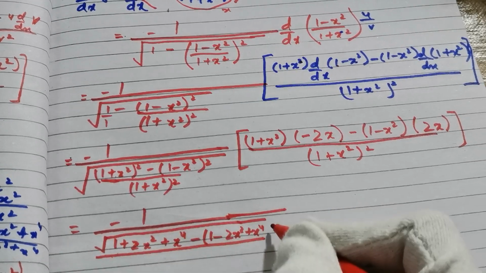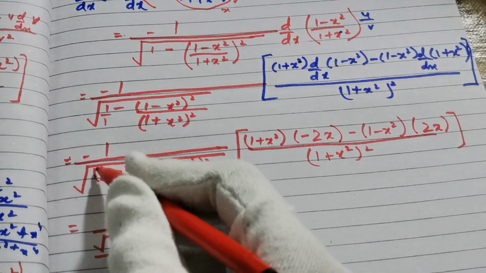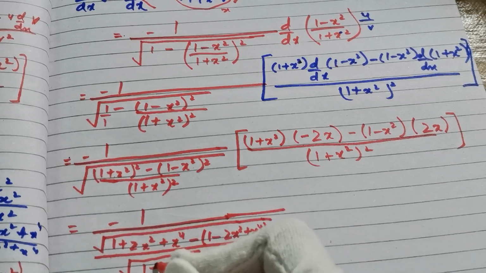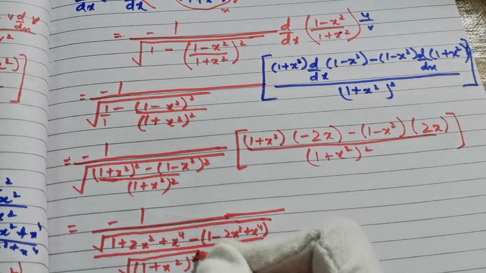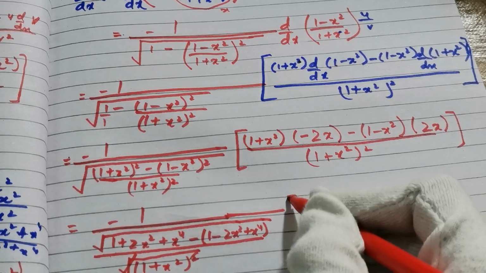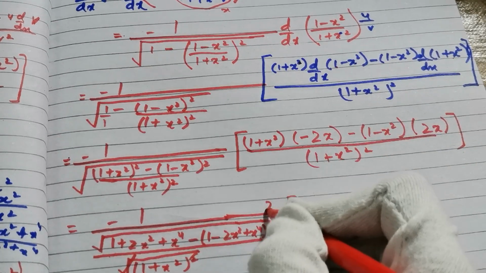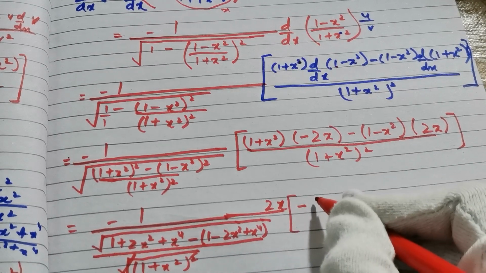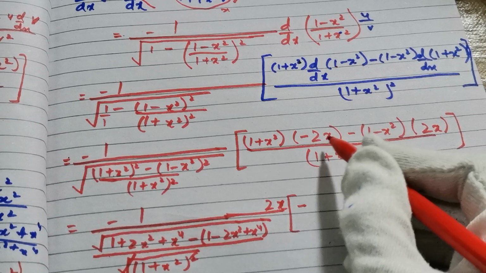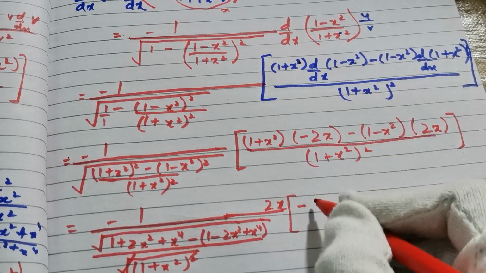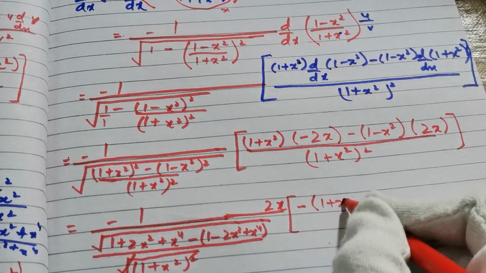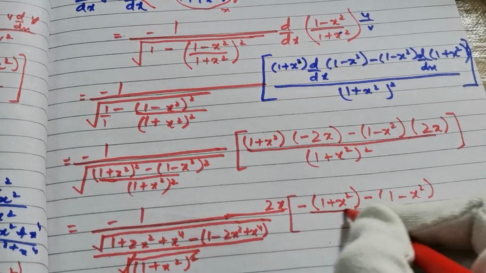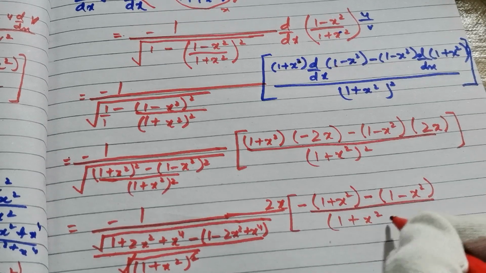We also split the under root individually in the numerator and the denominator. With 1 plus x square whole square, the whole square and the 1 by 2 cancel, and 2x is common. What is left is minus, 1 plus x square and minus 1 minus x square, divided by 1 plus x square whole square.